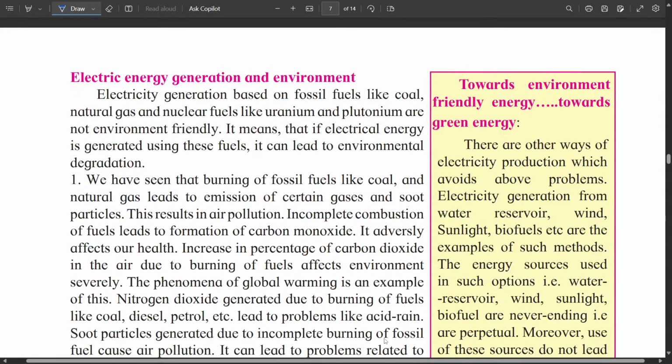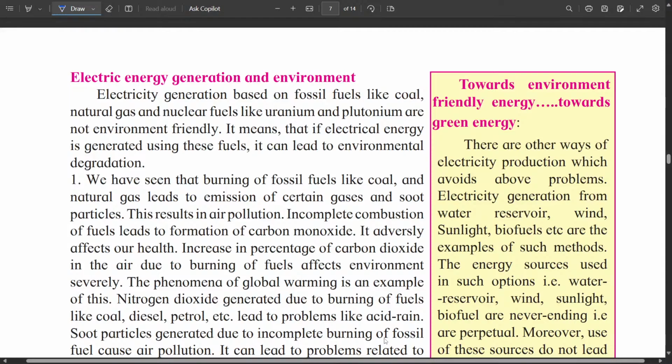Electricity generation based on fossil fuels like coal, natural gas, and nuclear fuels like uranium and plutonium are not environment friendly. It means that if electrical energy is generated using these fuels, it can lead to environmental degradation.